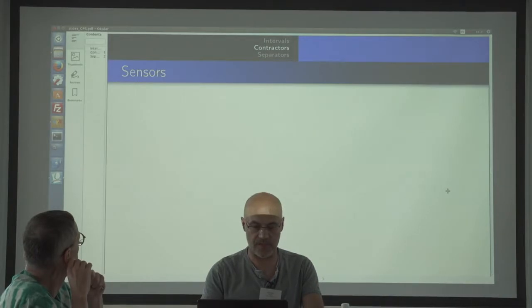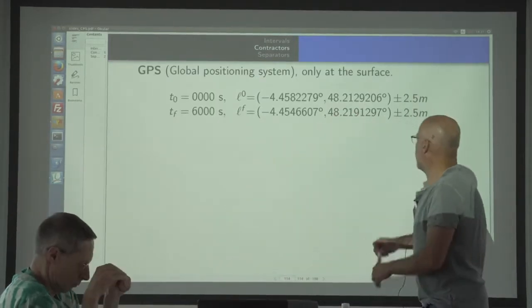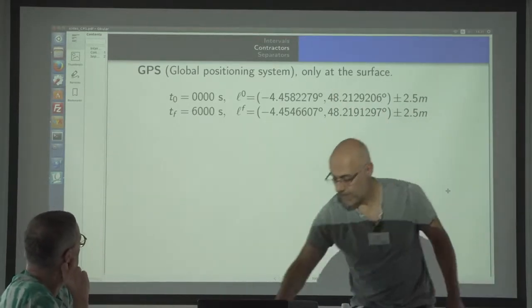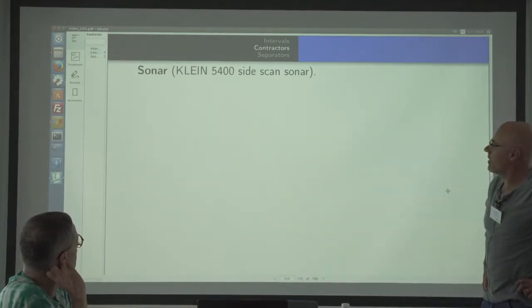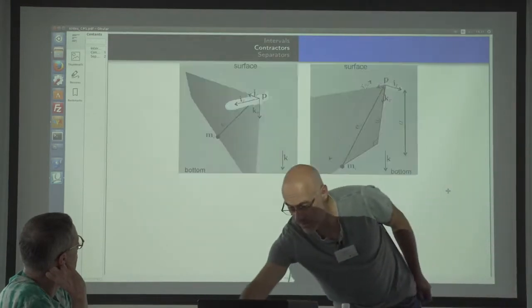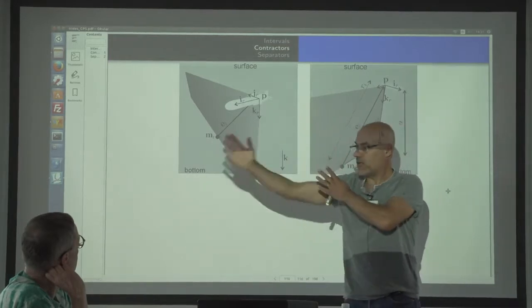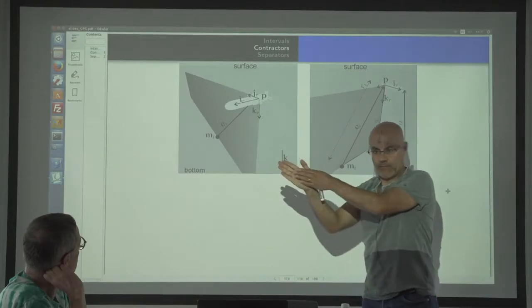The robot. And now what are the sensors? First, it is important: when you are at the surface of the water, you have the GPS. The accuracy is something like 3 meters, let's say. You have a sonar. The lateral sonar is able to see on the right of the robot, but only on a thin plane.